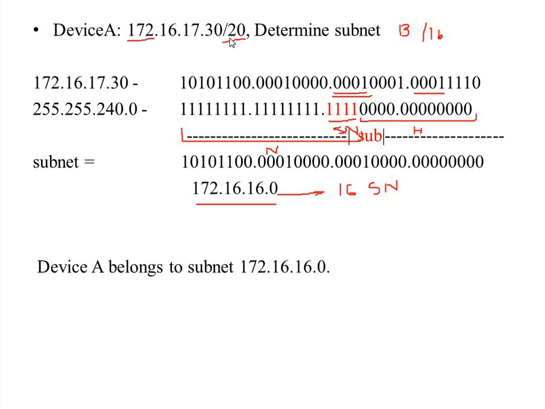This IP address belongs to this subnet. You can write /20 here also, which is quite possible. And if I give you any address in this range, it will belong to that subnet itself. So you can easily find it out.